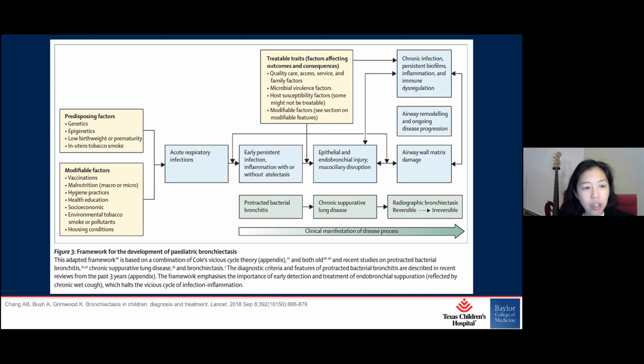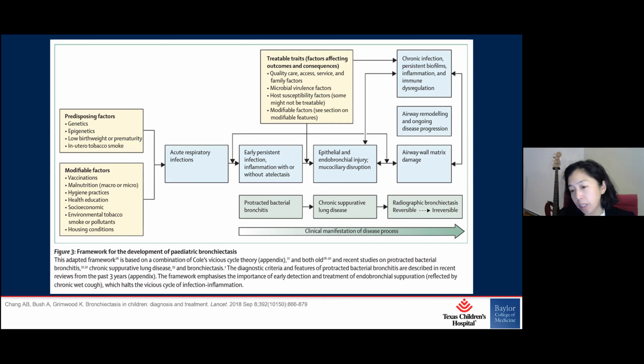And there are things that we can't affect, like genetics, that may make some more at risk for these. Maybe there are immune deficiencies, but there are things that we can affect. Things like smoking in the home. Smoke exposure is a risk for the development of PBB. Again, hygiene, other exposures in the house. Again, it's hard to take kids out of daycare.